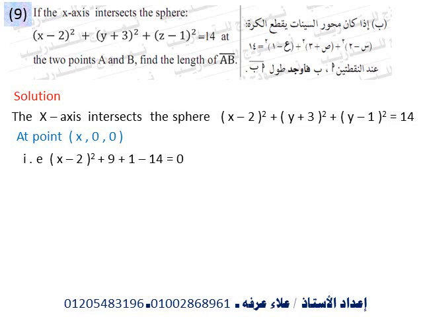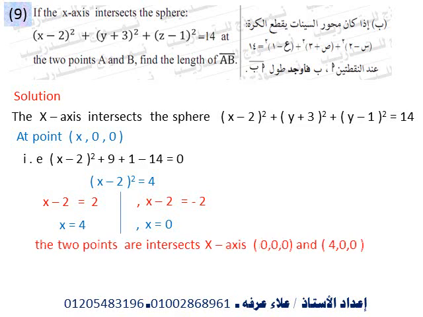We can get (x minus 2) squared equals 4. We can get x minus 2 equals 2 and x minus 2 equals negative 2. So x equals 4 and x equals 0.